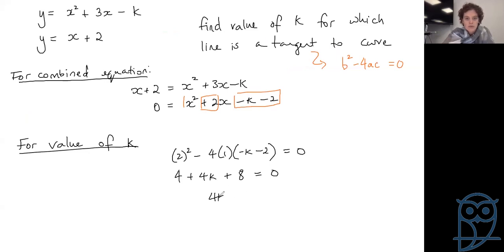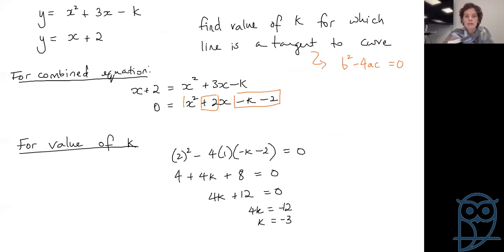So 4k plus 12 equals 0. This is magic. So 4k equals minus 12. Let's play safe and go slowly. k equals minus 3. So if we had x squared plus 3x minus minus 3, so plus 3, then this line would be a tangent to this curve.